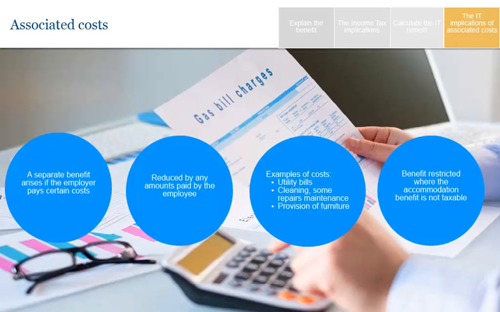However, this benefit may be restricted to 10% of net earnings, where the overall benefit is not subject to tax because of those categories we looked at earlier: necessary for performance, customary or special security provisions.